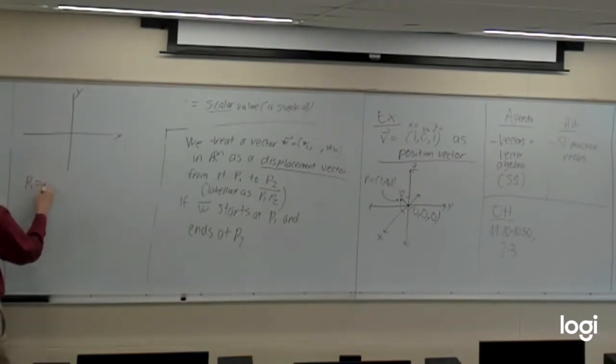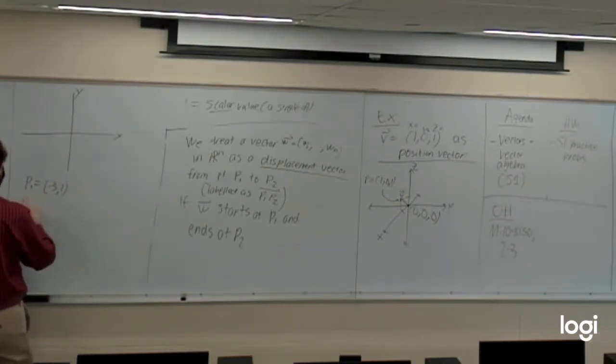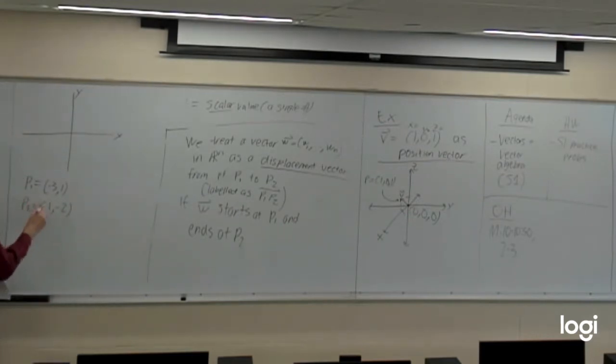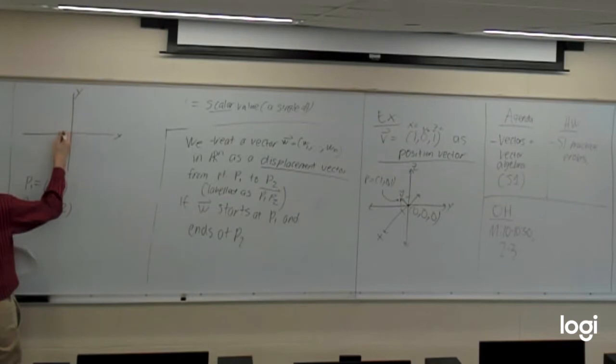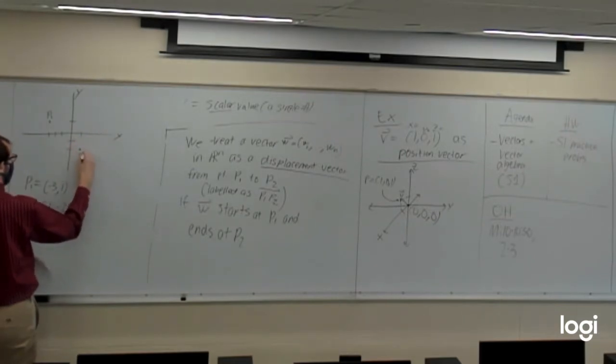Our first point, P1, is going to be at -3, 1. Our second point, P2, is going to be at 1, -2 in our picture. So P1 will be at -3, 1 here. P2 is going to be at 1, -2, so here.